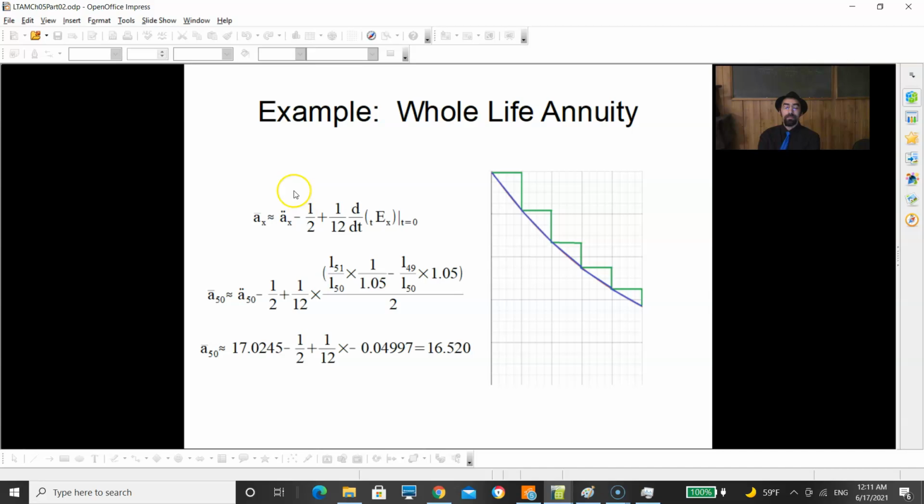But what you can say in this example is that a bar x is approximately a double dot x minus 1/2 plus 1/12 the derivative with respect to time of tEx when t is 0.